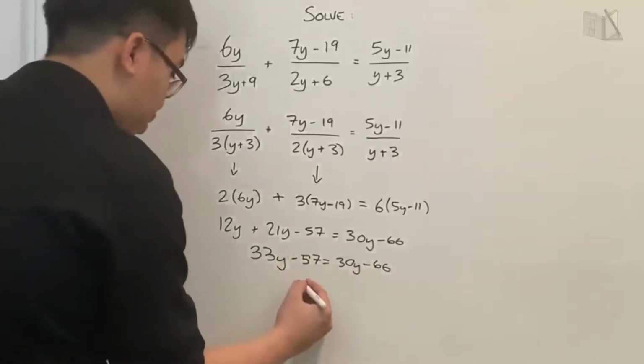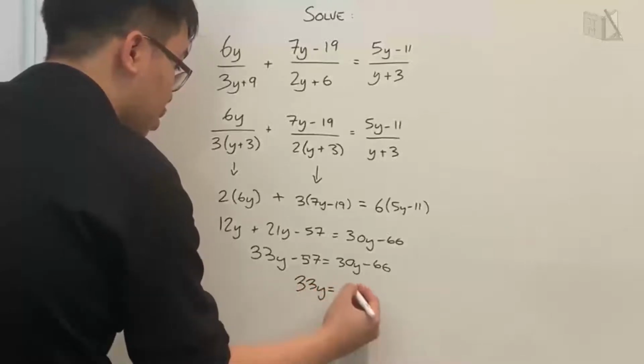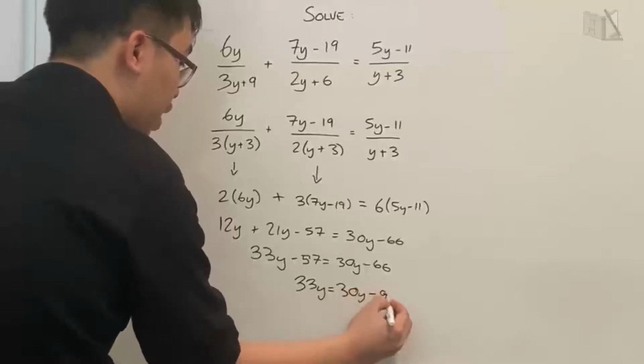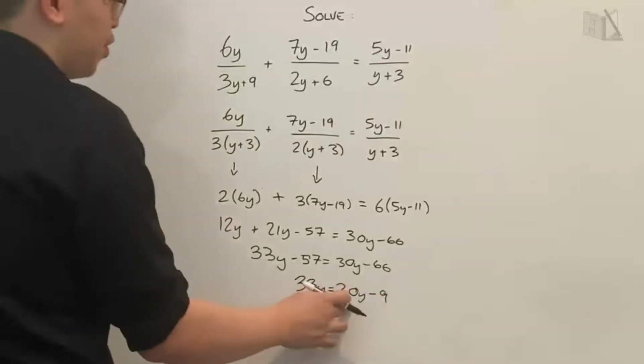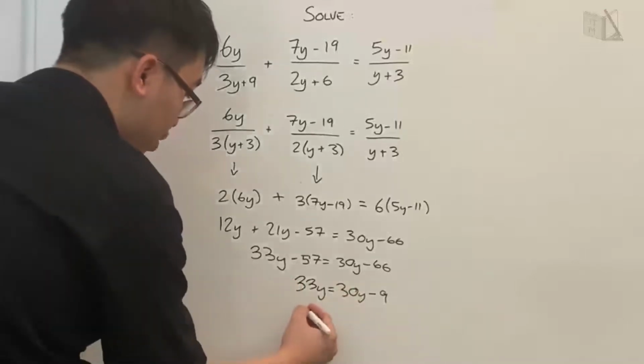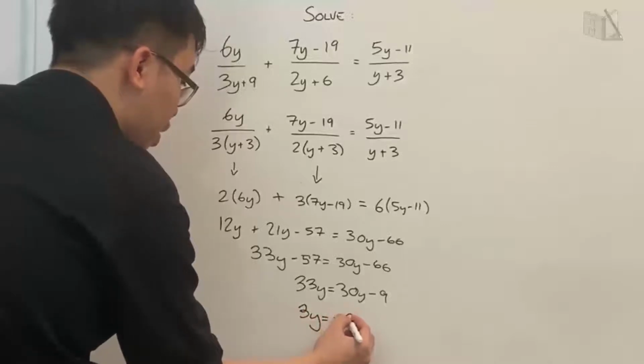That's going to leave us with 33y equals 30y minus 9. And we want to move the 30y to the left side, so we subtract 30y from 33y. We're left with 3y equals minus 9.